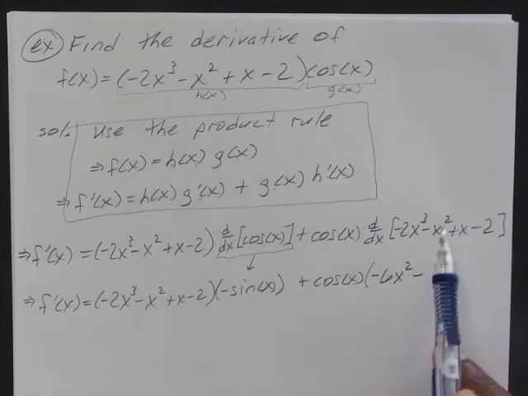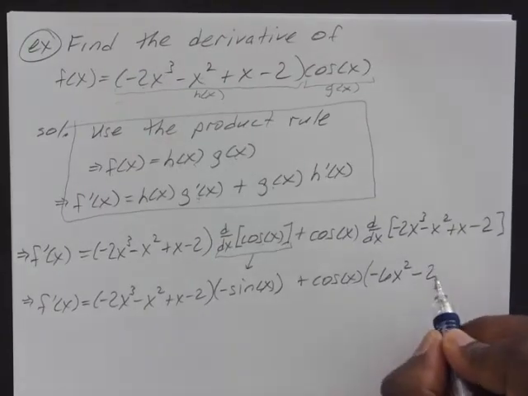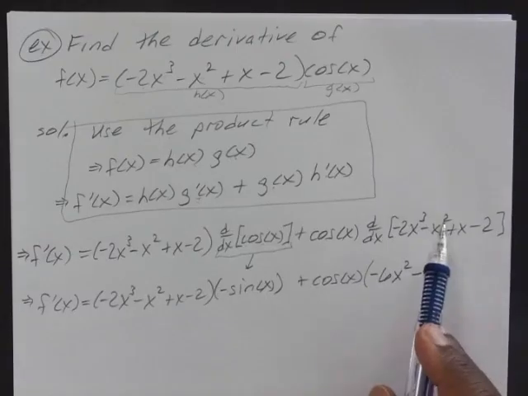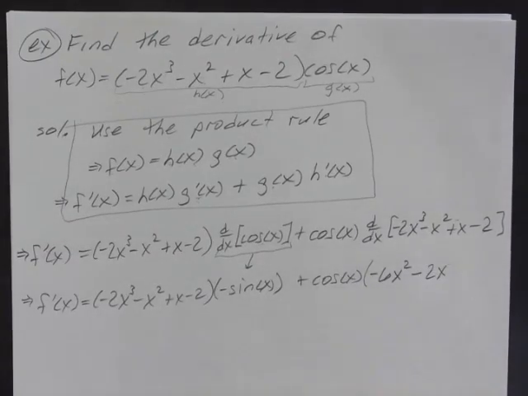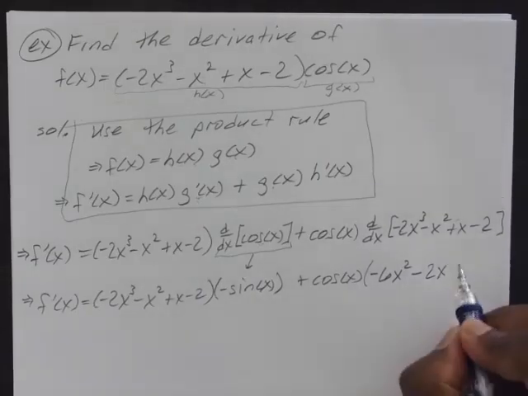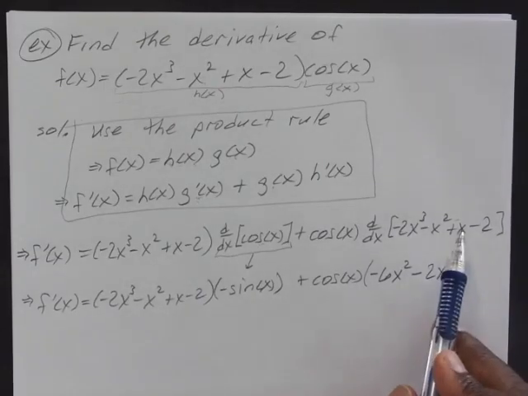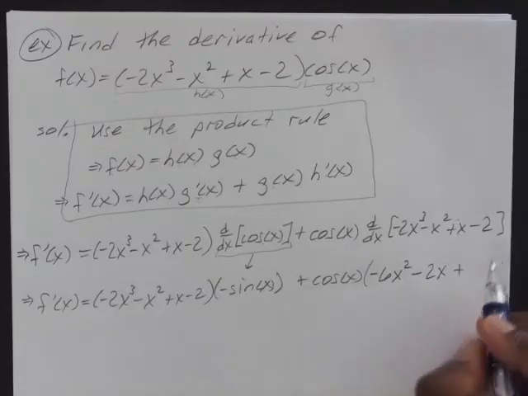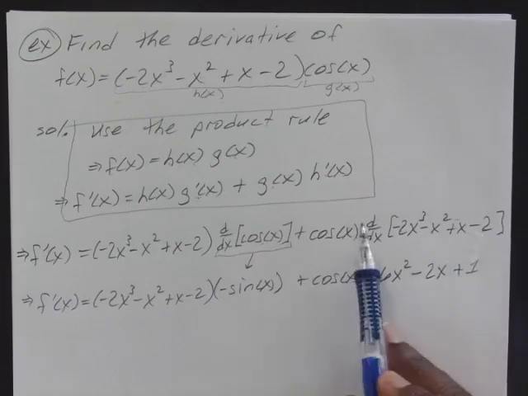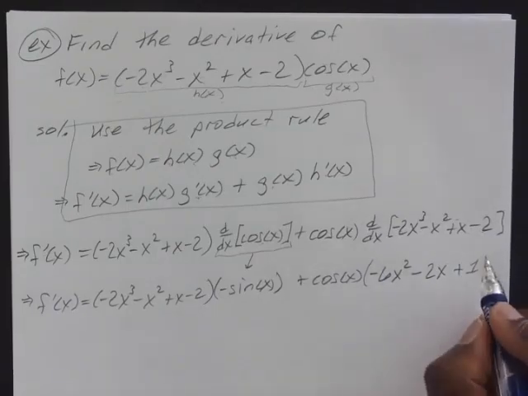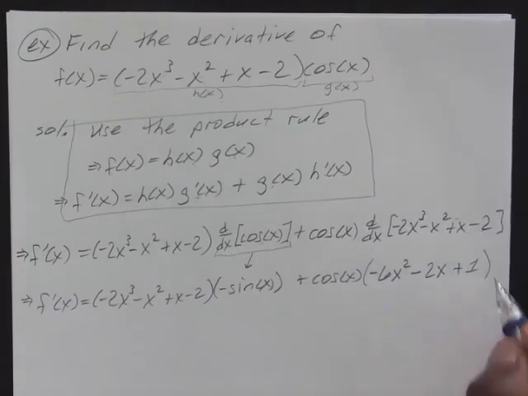Again, using the power rule, we bring down the 2. So that's 2x to the power of 2 minus 1, which is the first power, so we can just leave it like that. Plus the derivative of x with respect to x, which is just 1. Minus the derivative of 2. Well, we know the derivative of a constant is always going to be 0, so that would just disappear.